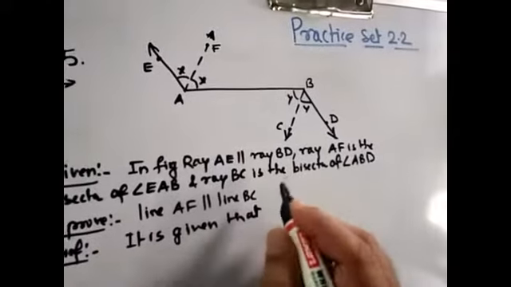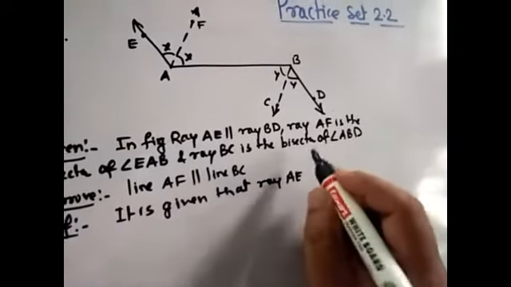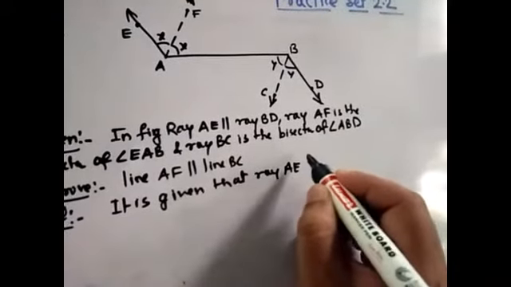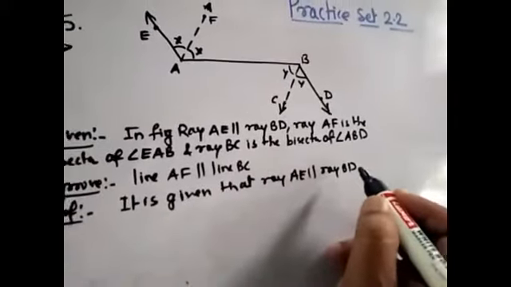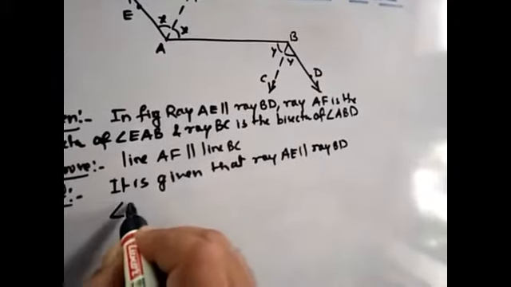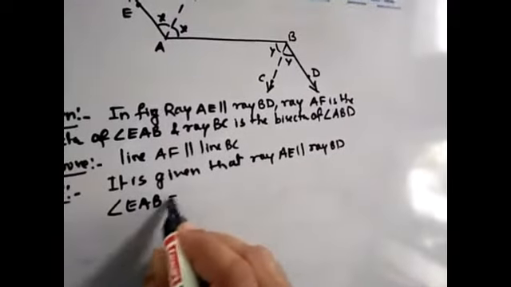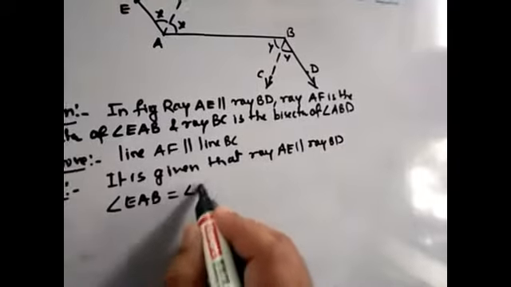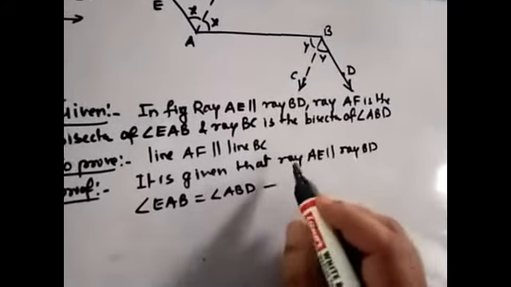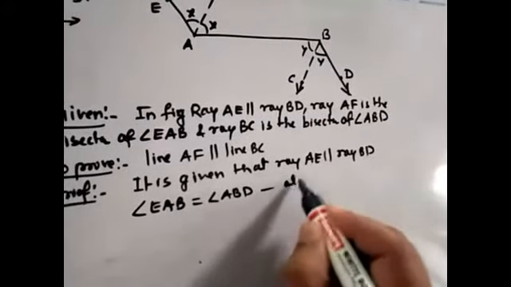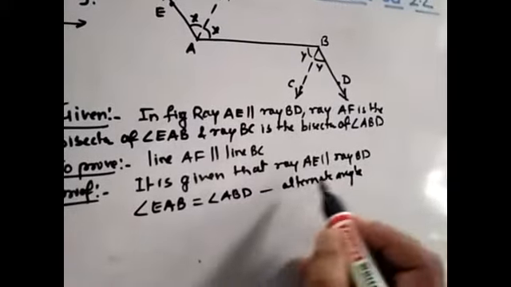ray AE is parallel to ray BD. So from that, angle EAB is equal to angle ABD, the reason being alternate angles, AB is a transversal.